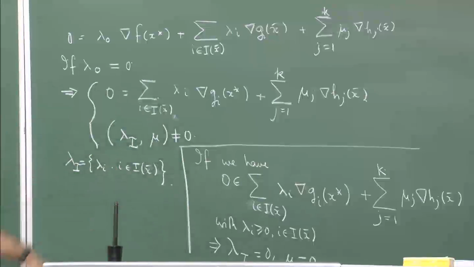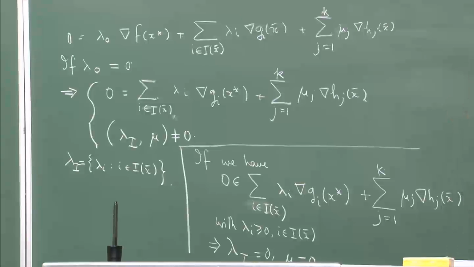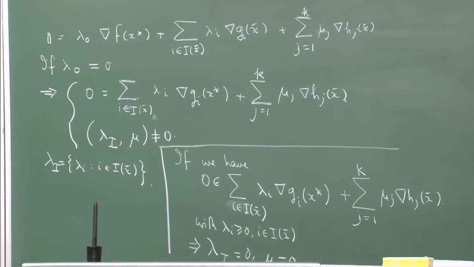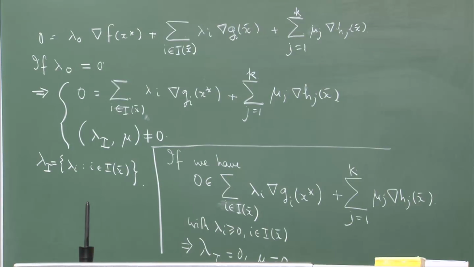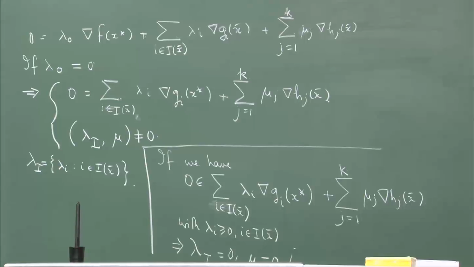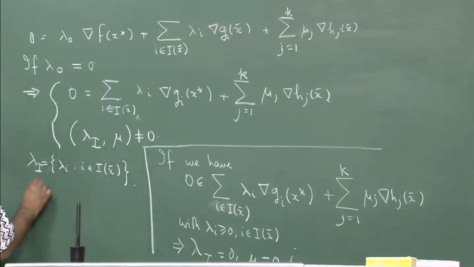Whenever I can have a condition like this, then all the lambda i with i belonging to I x bar and mu j with j from 1 to k should be 0. This condition is sometimes referred to as the basic constraint qualification.